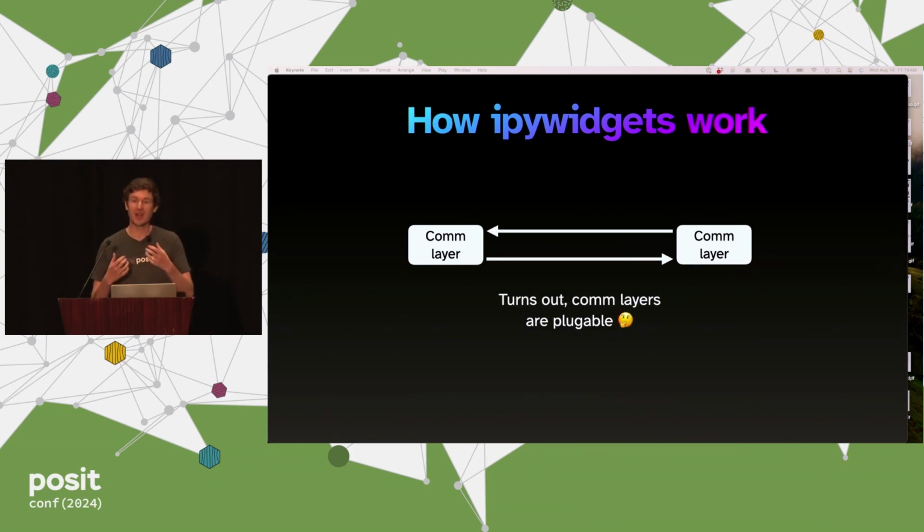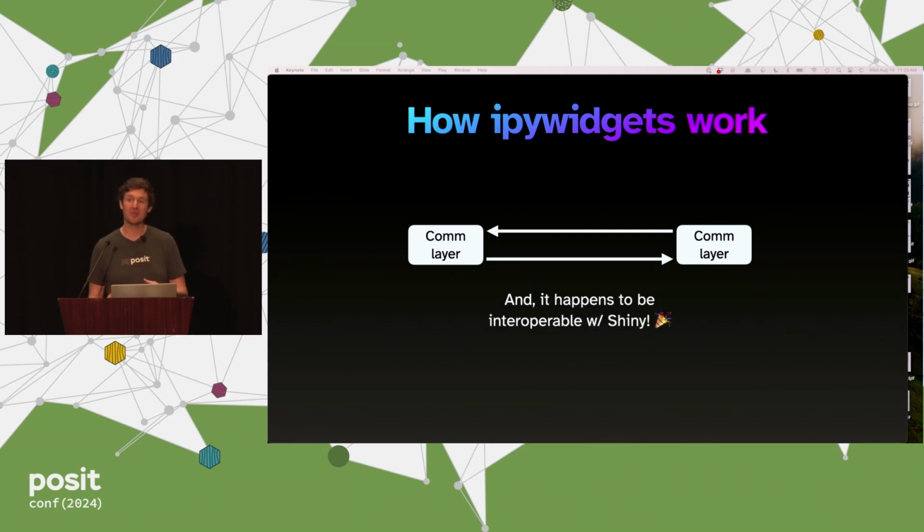And it turns out these ipywidgets developers were very thoughtful about how they designed the software for these comm layers, where they've designed them to be abstract and pluggable by other environments, so they were thoughtful about somebody like me coming in and wanting to use these widgets in another environment.